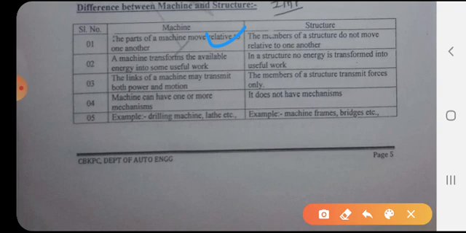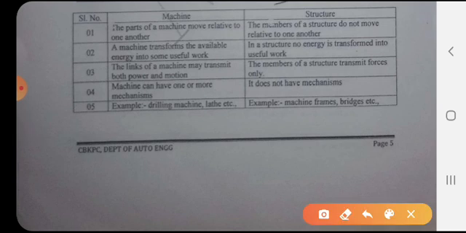In a structure, the parts do not move relative to one another. Second point: a machine transforms the available energy into some useful work. In a structure, no energy is transformed into useful work.